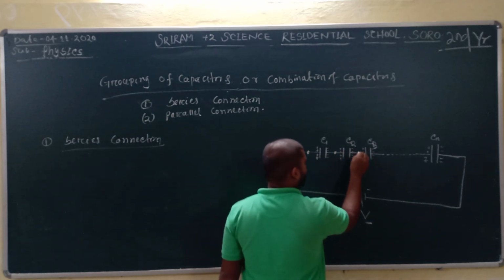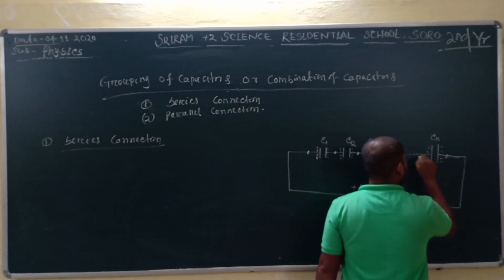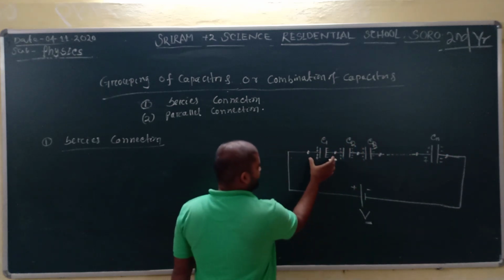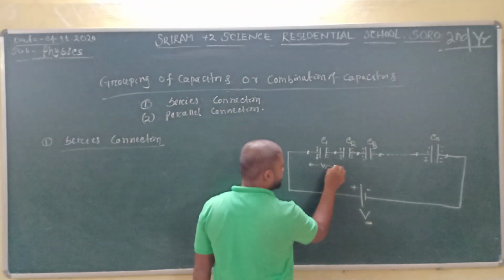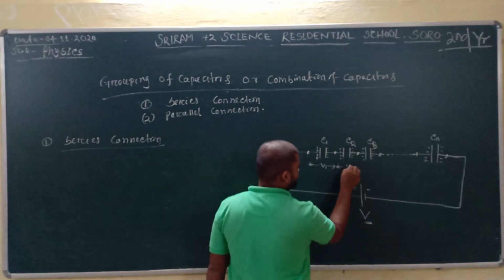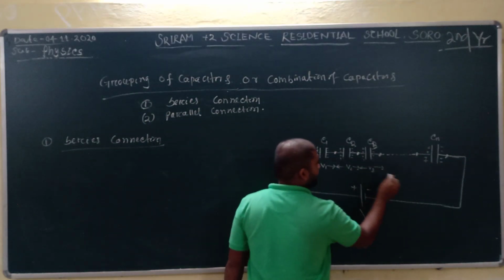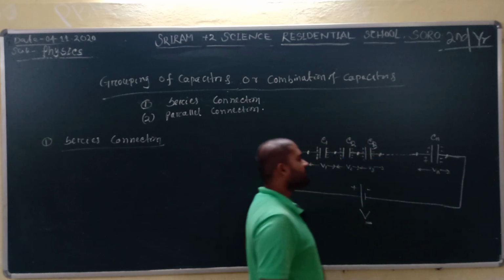So I take these points here, which are most important. Between each pair of points there will be some electric potential difference. Suppose that is V1, that is V2, V3, and Vn.